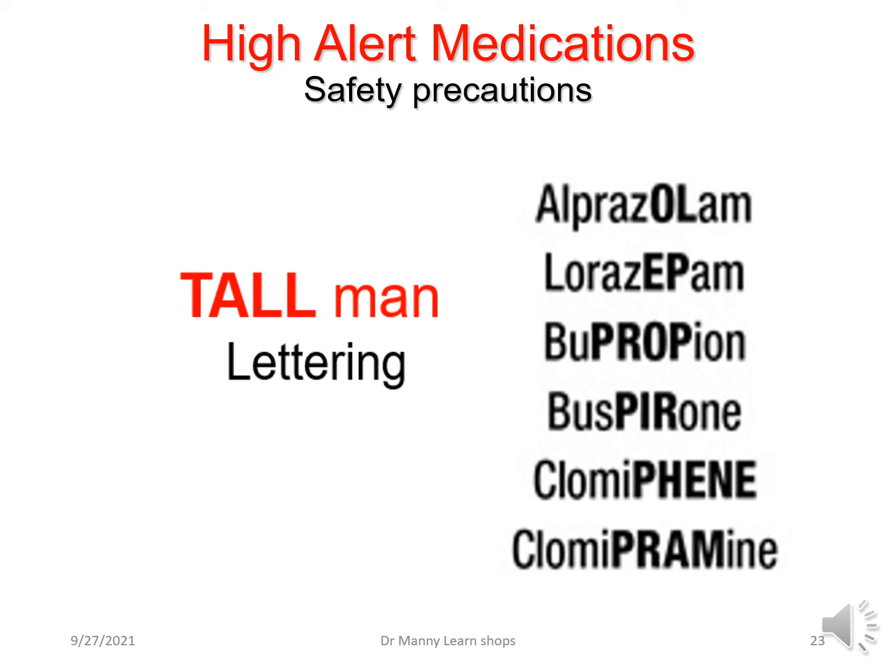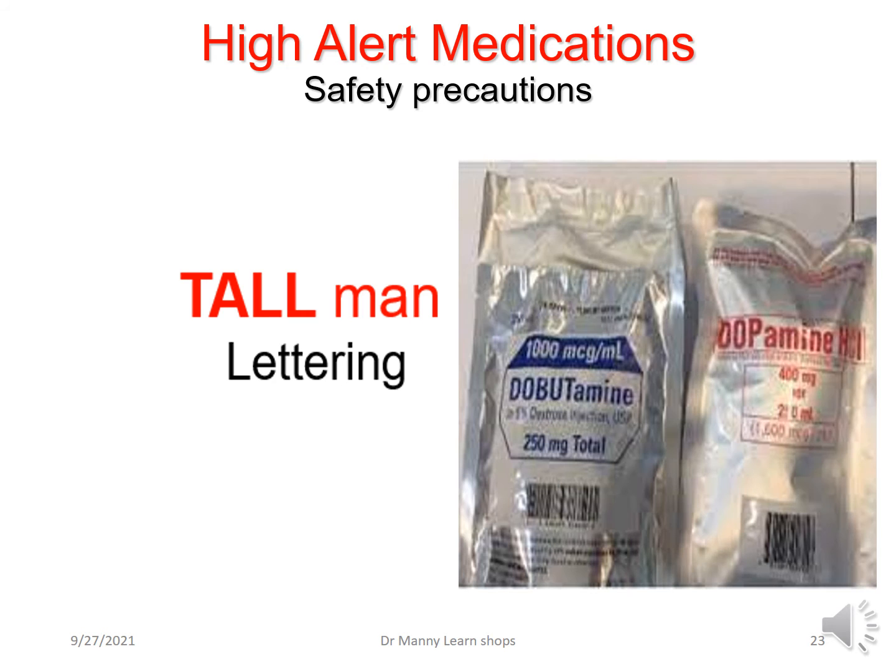What are some of the safety precautions that are recommended? And these are again just a few with high alert medications. Tall man lettering is recommended because it identifies the difference in the medication. So at a glance you can see they're not the same. Here's an example: dobutamine, dopamine.